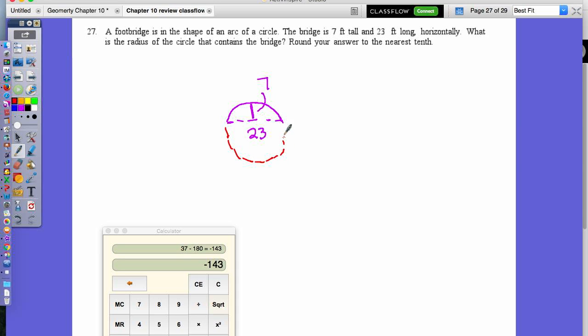So I would have a circle here, and this would continue on down. It made sense that if this was the center of the bridge, 7 feet tall, then each of these was 11.5.